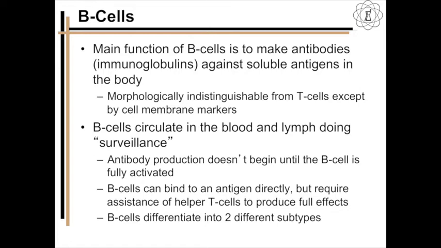But once it does that, it can't really do anything until you get the helper T cells to kind of activate that process. But once the B cell is activated, where we recognize, oh man, this is a problem, we need to do something about this, then the B cell is going to start spitting out these antibodies so that we basically have a ton of stuff ready to go in case there are more.